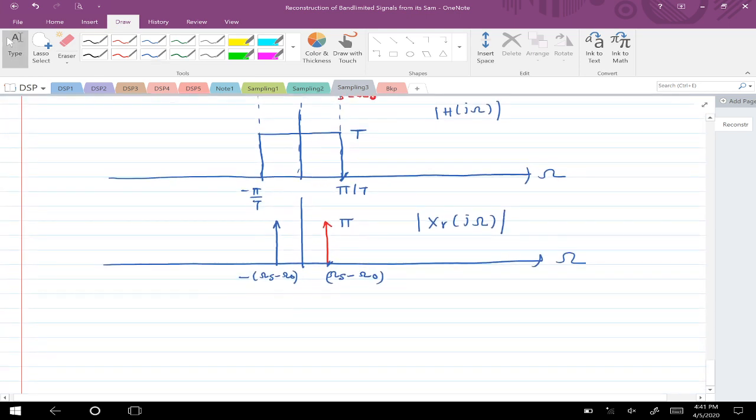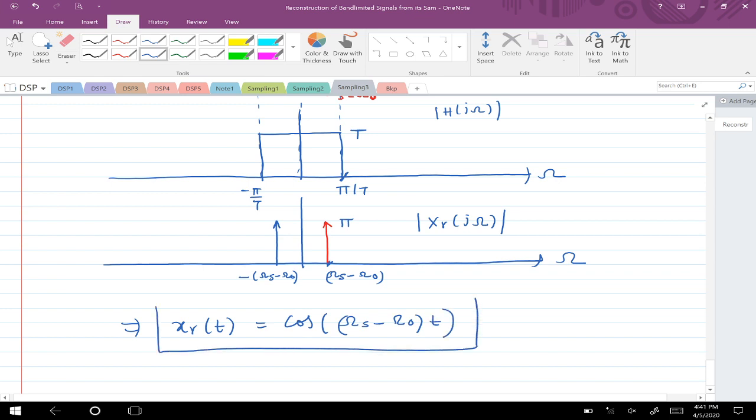Can you now tell me what Xr of t is here? Xr of t is nothing but cos of omega s minus omega naught times t. This is the result with aliasing.